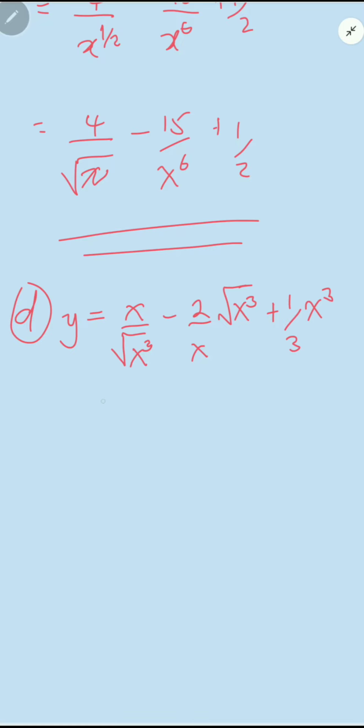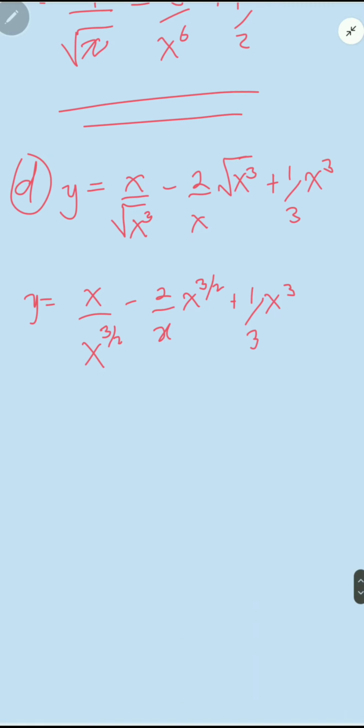So this one, the same as saying y is equal to x over x to the power 3 over 2 minus 2 over x. This one is same also as x to the power 3 over 2 plus 1 over 3 x to the power 3, like that.